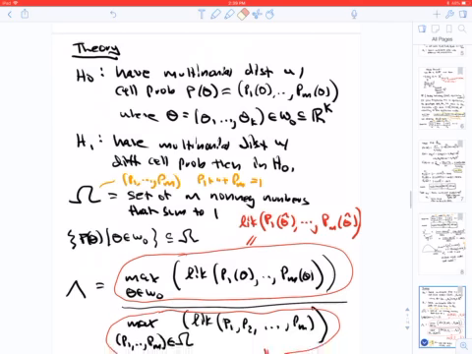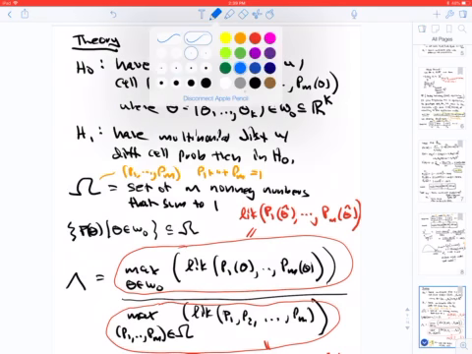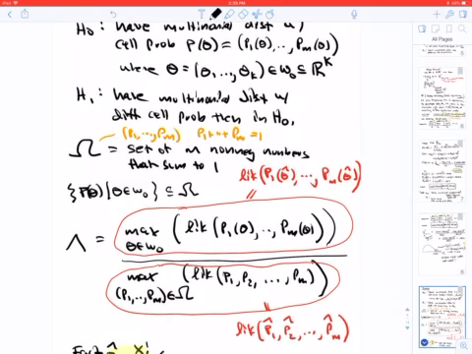Okay, and then we got into the theory for what we're doing here. So H0 is a multinomial distribution with cell probabilities P1 to Pm parameterized possibly by theta, and our alternative is that we have some other multinomial distribution.